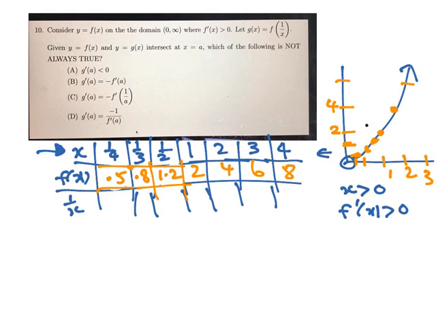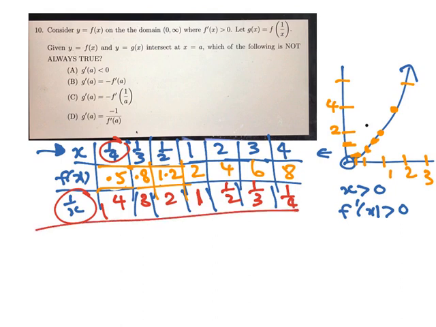Then what happens is, if we flip this, the x values become 4, because you're flipping a quarter, you're flipping a third, you're flipping a half. When you flip 1, you get 1. When you flip 2, a half, 3, a third, and 4, a quarter.